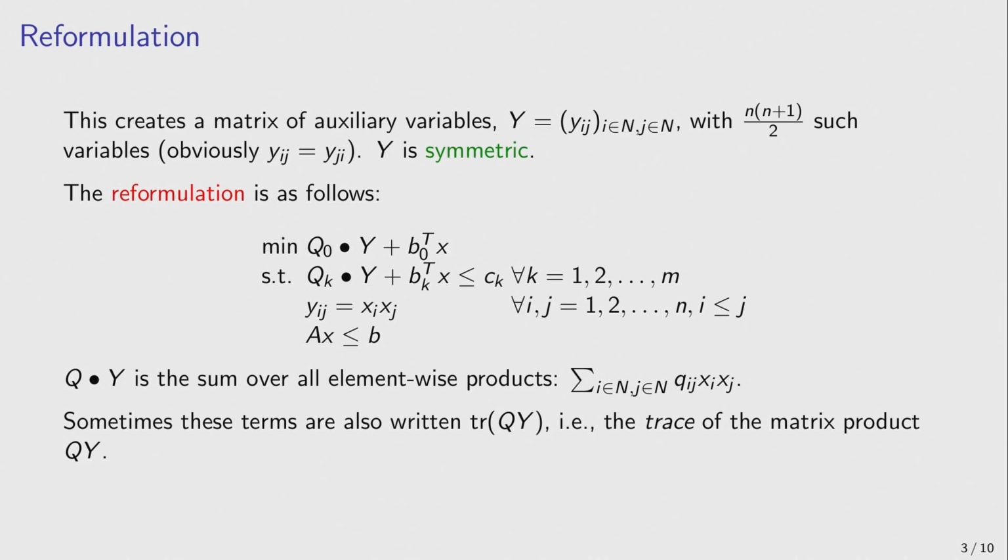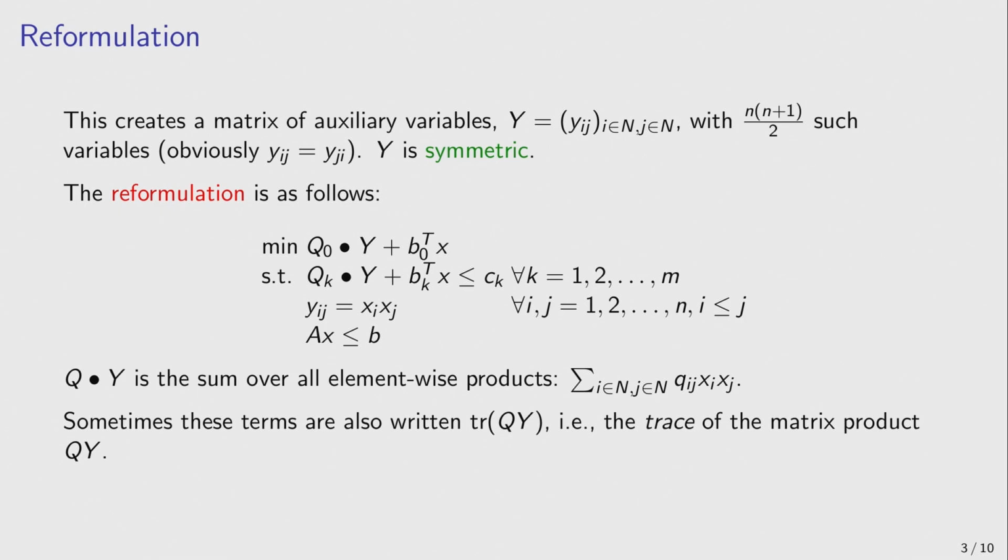Notation-wise, Q bullet Y is simply the element-wise product of two matrices Q and capital Y. You will also find it in the literature as the trace of Q times Y. So these Q and Y here are multiplied together with the matrix product.